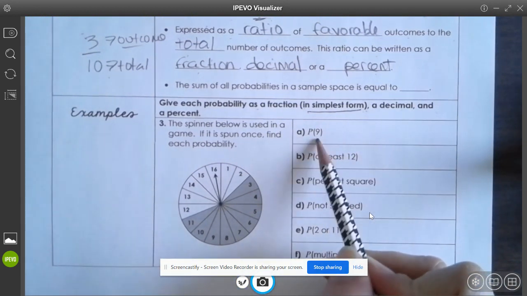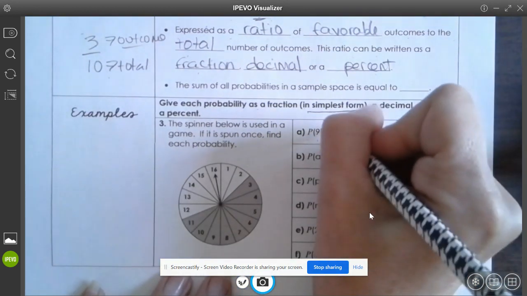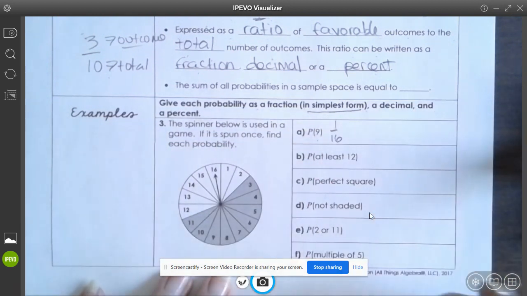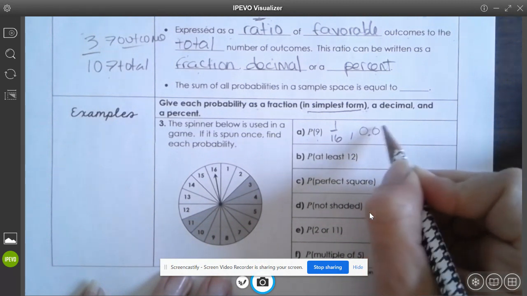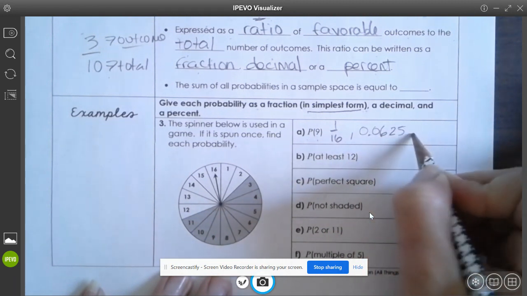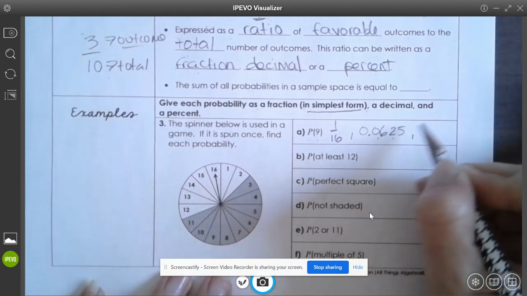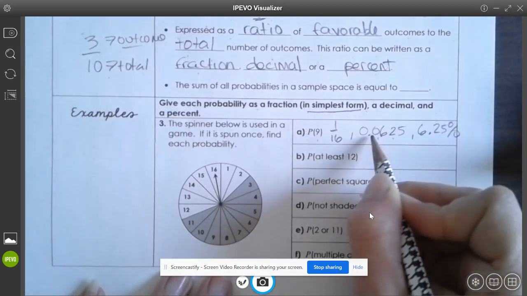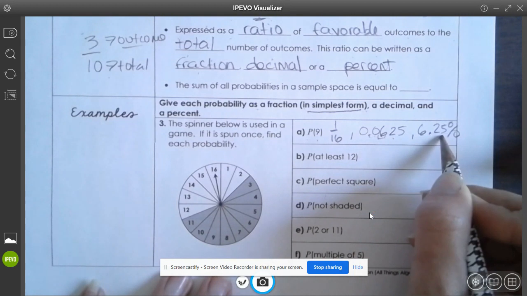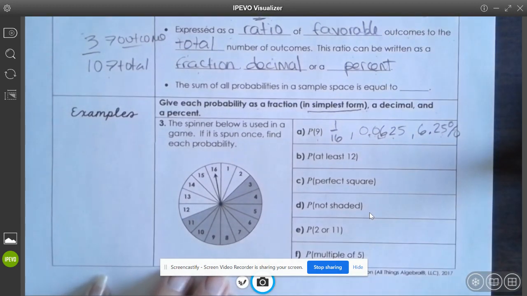The probability that you get a 9, so that would be 1/16. And then you divide 1 divided by 16, that's 0.0625. And that times 100 will give you the percent, 6.25%. Okay, so you move the decimal twice and you get that, right? If you multiply by 100.